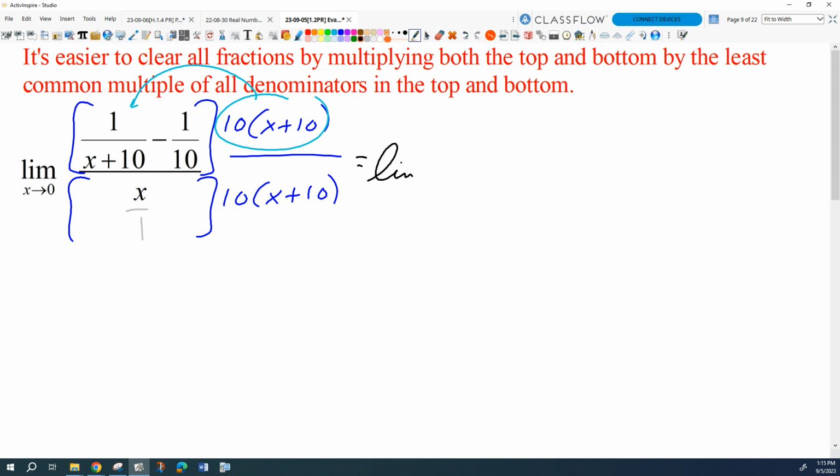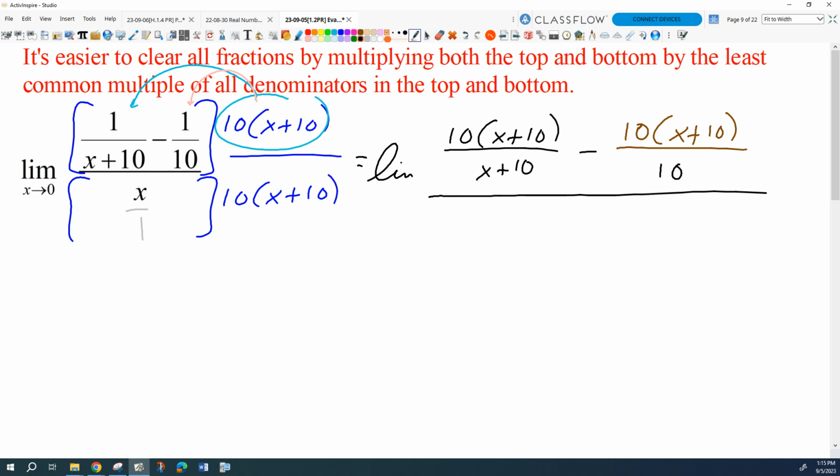We get the limit of, in my numerator, 10 times x plus 10 over my denominator, x plus 10, minus, when I distribute to that numerator, 10 times x plus 10 over 10, all divided by, on the bottom, it's pretty simple.